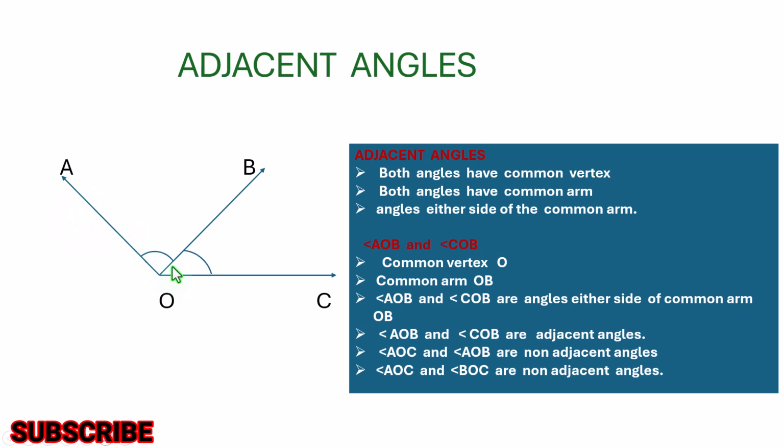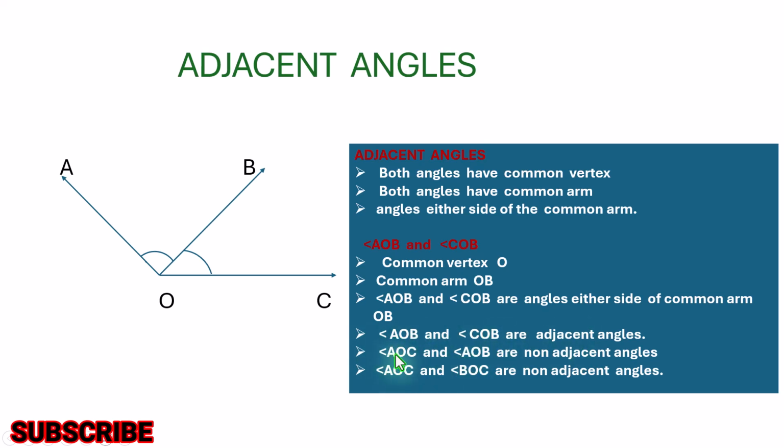If two angles hold these three properties, then they are adjacent angles. So angle AOB and angle COB are adjacent angles.